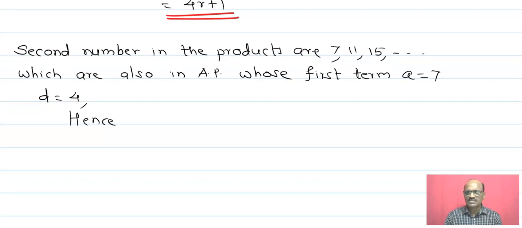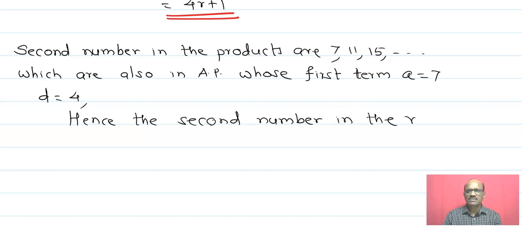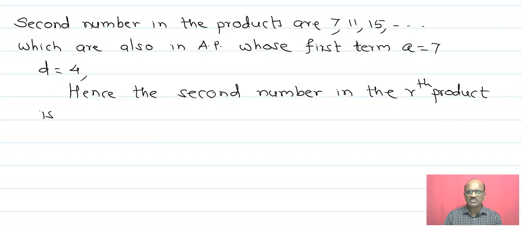Hence the second number in the rth product is equal to t suffix r is equal to a plus r minus 1 into d.